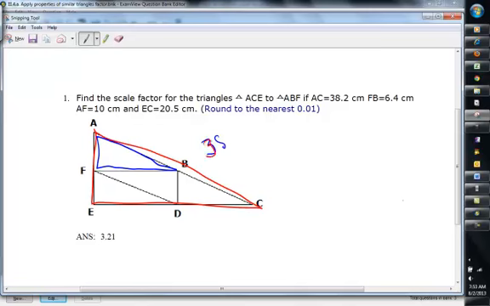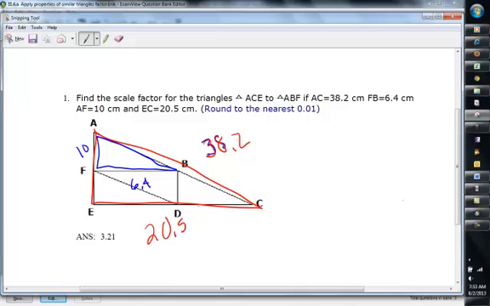Since that's the big triangle. F to B is 6.4, so I'm going to write that in blue. A to F is 10, so I'm going to write that in blue. And E to C is 20.5, so that's of the big triangle.